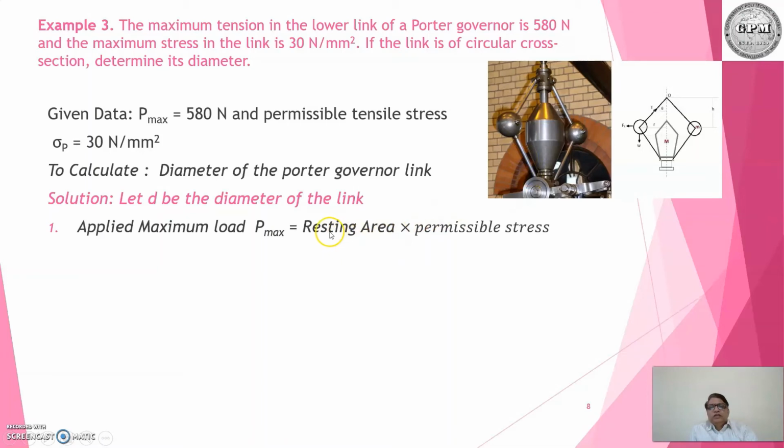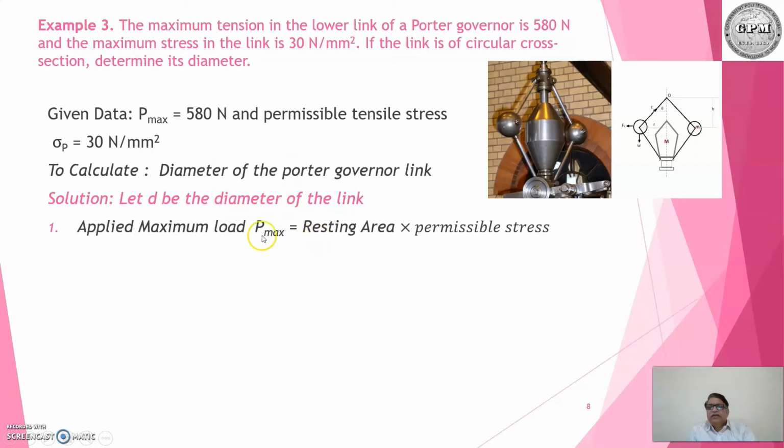So if D is the diameter, then pi d square by 4 is the area, multiplied by the stress, sigma T or sigma P, then you will get the load. Are we calculating the load here? No. What are we calculating? The diameter. So once again you try to find the area. This all comes under the background preparation of this.